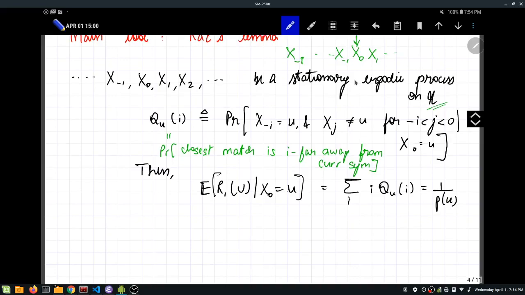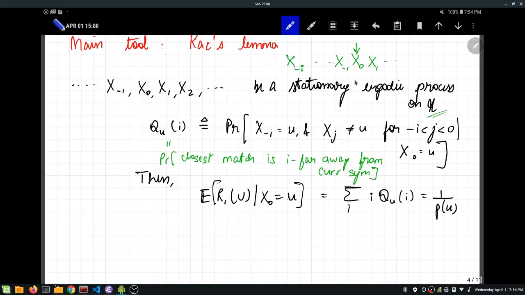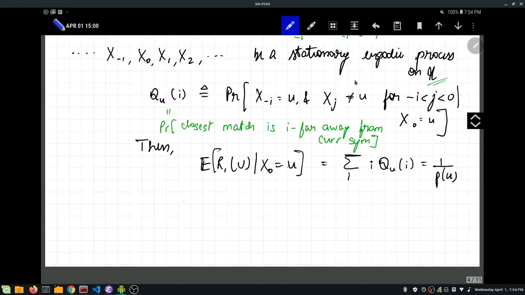Okay, and if you have a tight control of Q_U(i), then it's good for you. So this is what I call Q_U(i). I'll also define R1(x0) as the distance to the closest match.